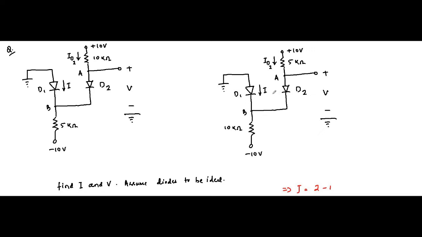Here also, first let us go with the assumption that D1 and D2 are both on. Again we'll go with the same assumption. So we'll redraw the same circuit we drew in the previous case. Both diodes D1 and D2 will be short circuited because we have assumed they are on.